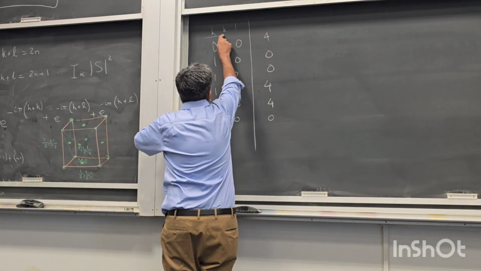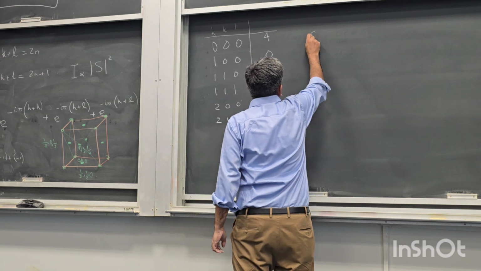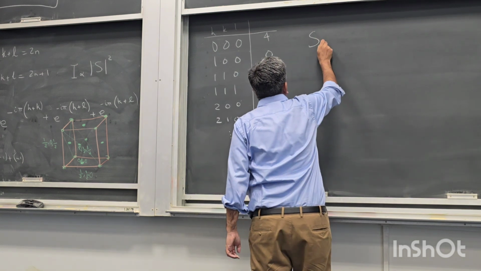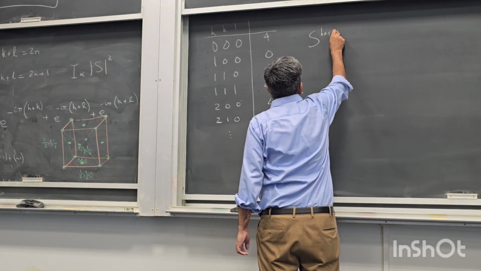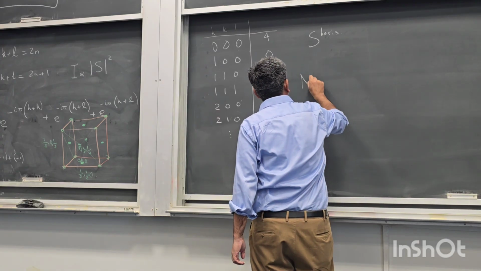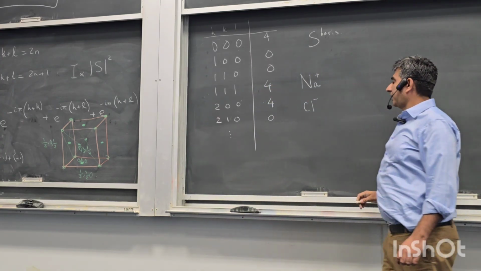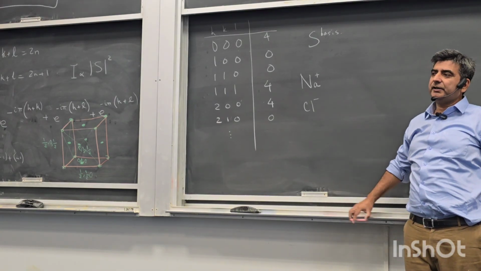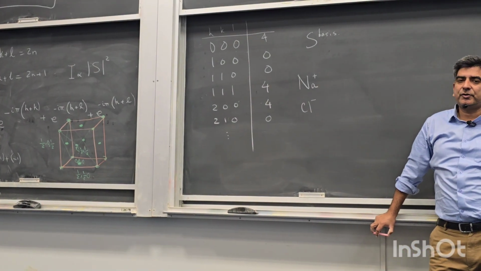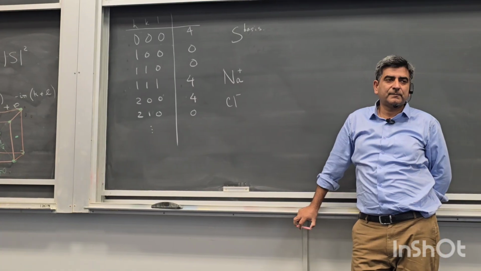Now let's look at the structure factor for the basis. Now there's a sodium and there's a chlorine. In fact, there are ions, a sodium ion and a chloride ion in the structure. So what are the atomic coordinates for these ions?